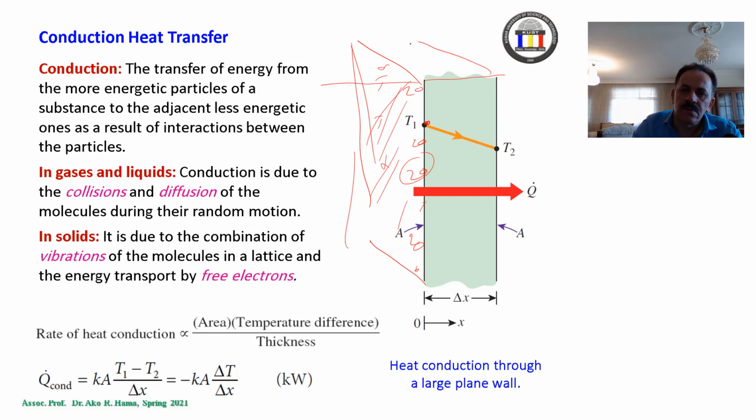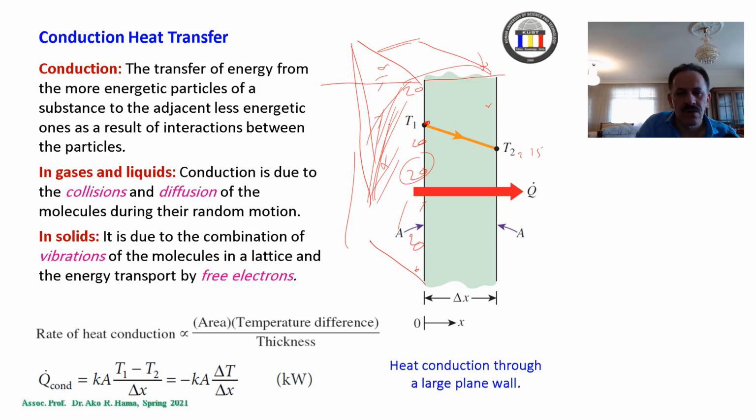Now, for example, here it was 50. If at any point on the parallel surface above, it was 15, now we have a hot surface and a colder surface opposite it.